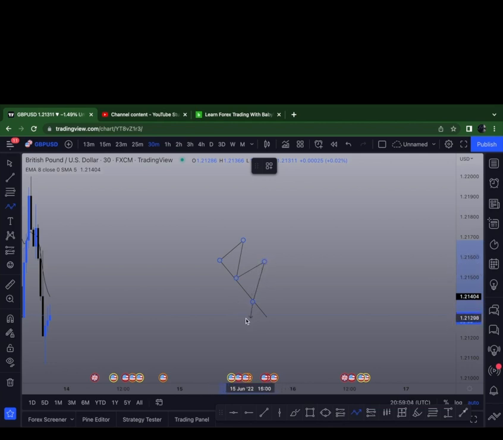If it breaks below and retests, you should target the next level below. So you just have to watch out for the levels in the market.